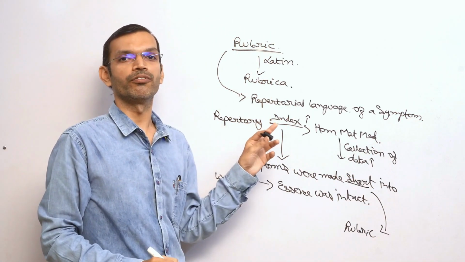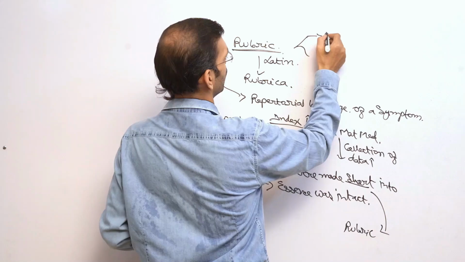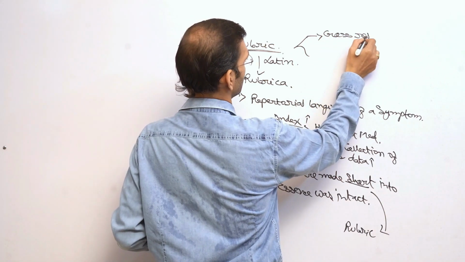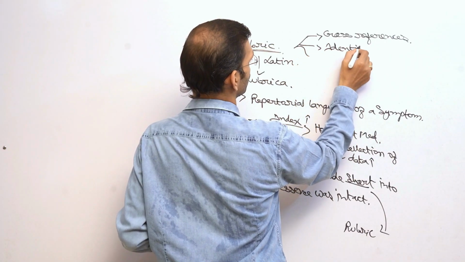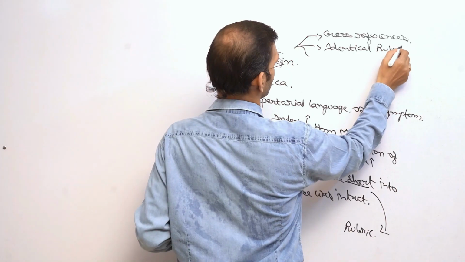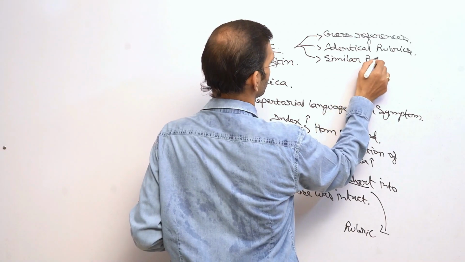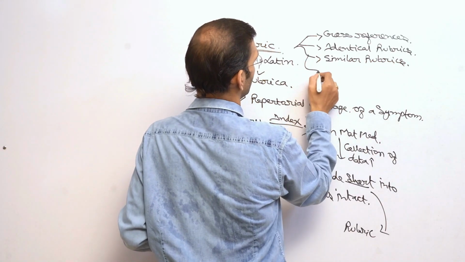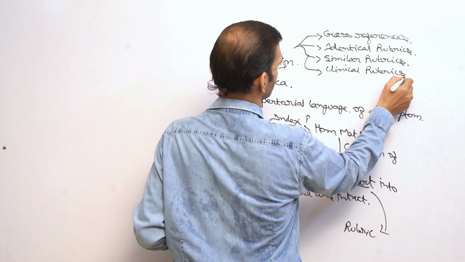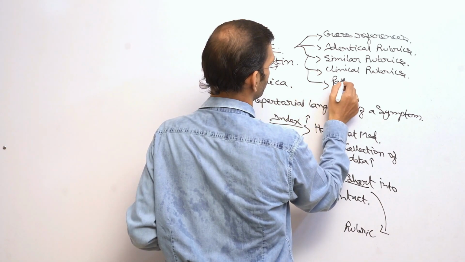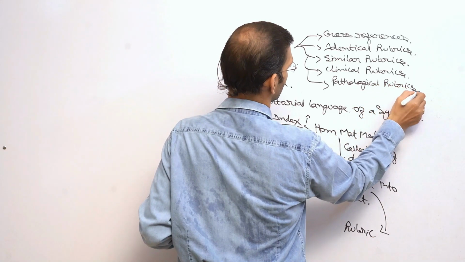Now the rubrics are of various types. This can be cross references, identical rubrics, similar rubrics, then the clinical rubrics, we also have the pathological rubrics, and so on.